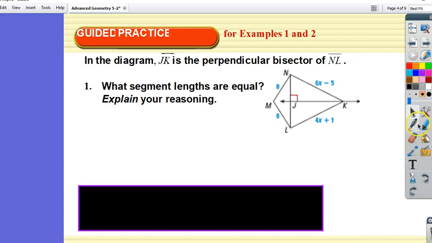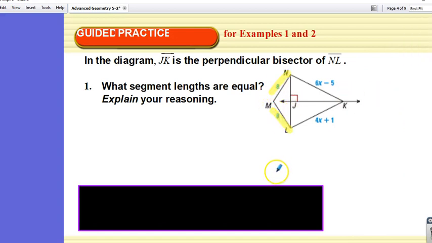What segment lengths are equal? MN is congruent to ML, right? Well, if those are equal, then M is on it, right? This is a perpendicular bisector, therefore this and this are equal. Since these are equal and this is perpendicular, then these are equal, right?